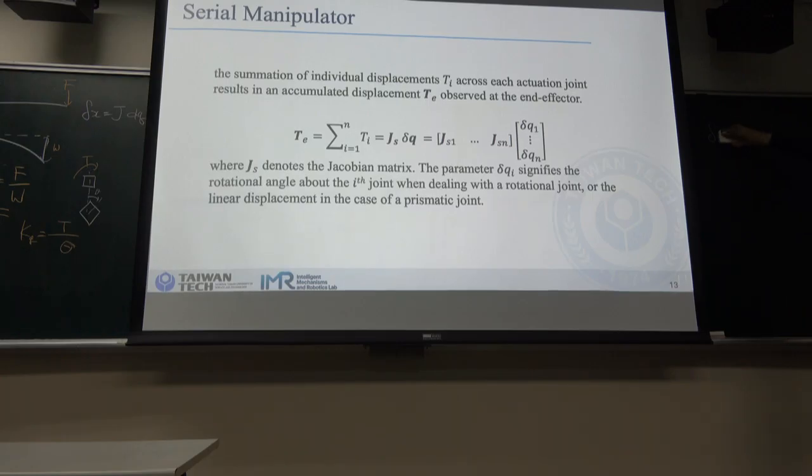Maybe we're not using the X, we're using the T as well. So the deformation of the ith joint times the Jacobian is the deformation of the end effector. So we sum all i equal to 1 to n, if we have n joints.